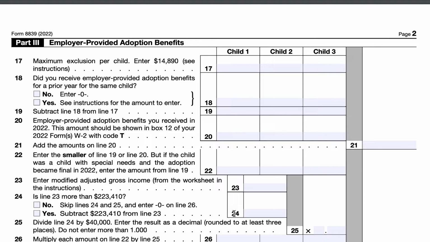If your employer has no qualified adoption assistance program, you must enter the smaller of line 19 or line 20. In line 23, you will enter your modified adjusted gross income, which you can calculate using the modified adjusted gross income worksheet located in line 23 of the form instructions.